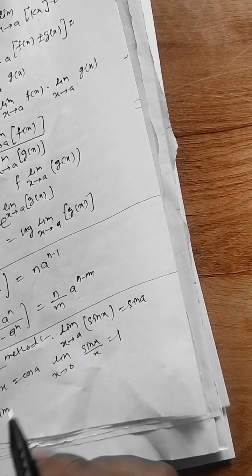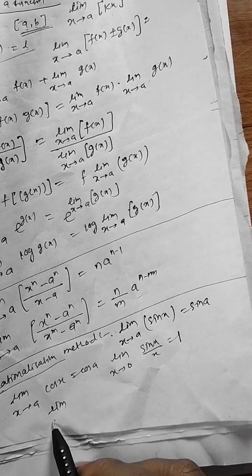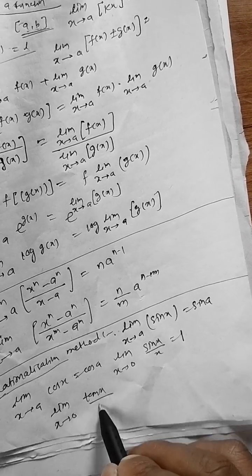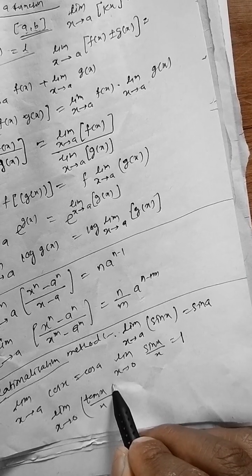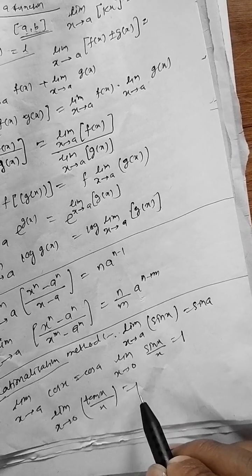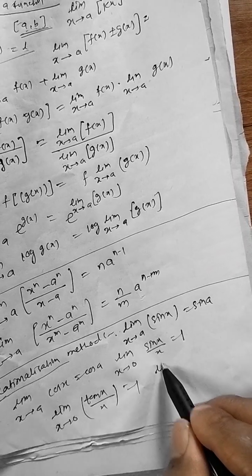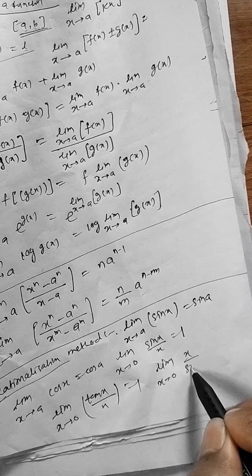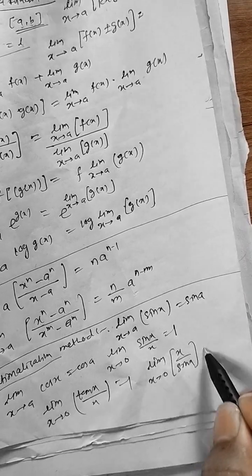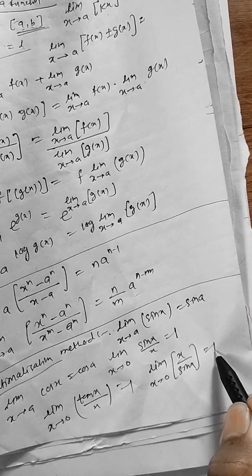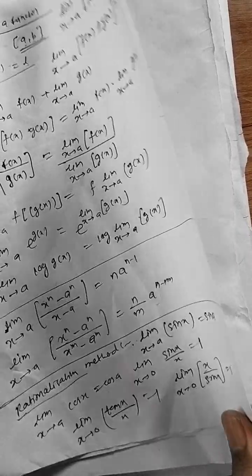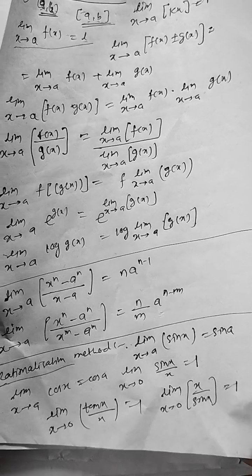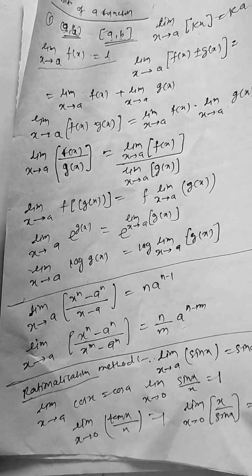Limit x tends to 0 tan x by x is equal to 1. Limit x tends to 0 x upon sin x equal to 1. These are the formulas on limit.